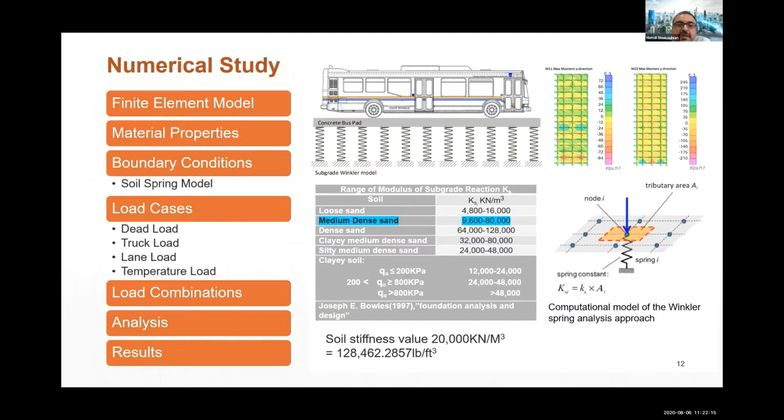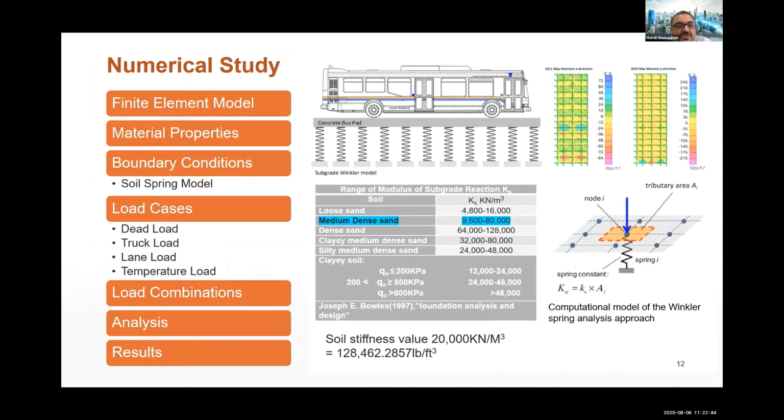That number, 20,000 kilonewton per cubic meter, was multiplied by the tributary area based on the mesh sizes. And that was assigned as a stiffness of each spring at each mesh intersection to the shell elements that were connected.